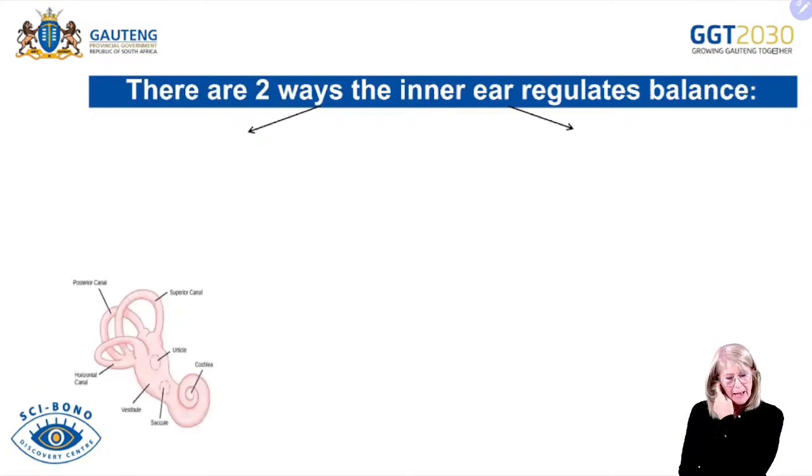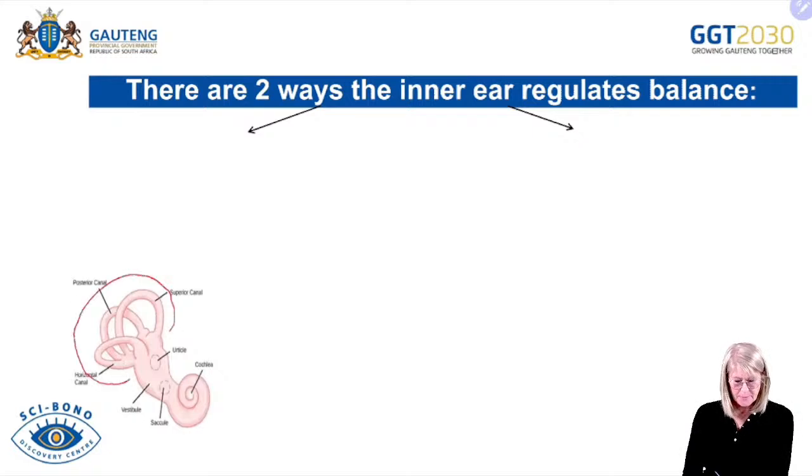All right, now we're going to have a look at balance. If we have a look at this diagram here, and I hope you can see the structure, this is a very nice simple diagram of the inner ear. The parts we're now going to be talking about are our semicircular canals, and you can see they are at different angles.